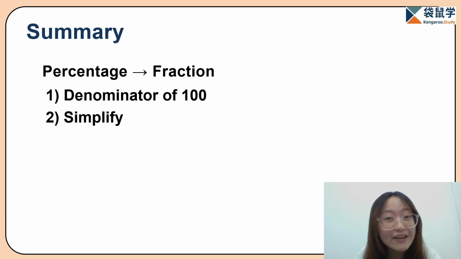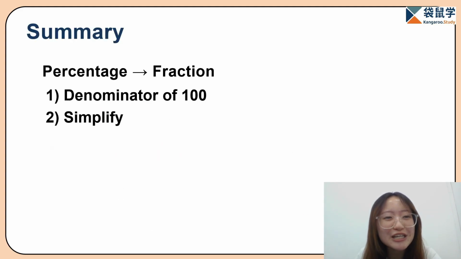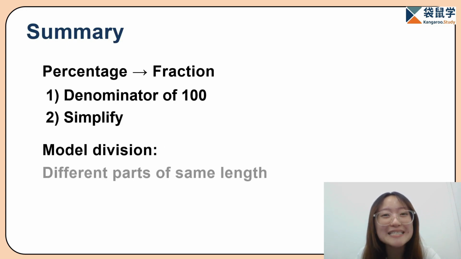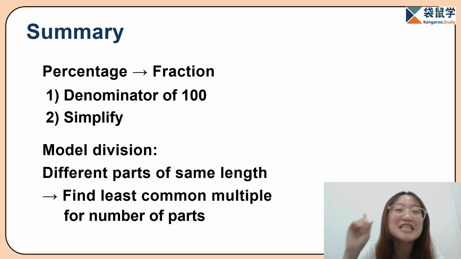And the next difficult part was making 3 parts of the strawberry the same as 4 parts of the chocolate. So, for model division, when we have different parts of the same length, we can find the least common multiple for the number of parts, 3 and 4, which was 12.